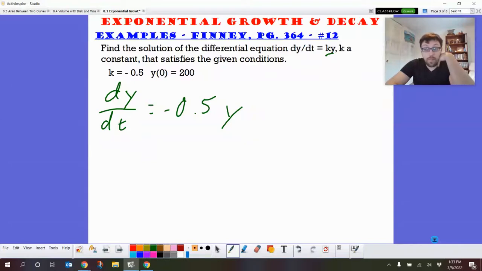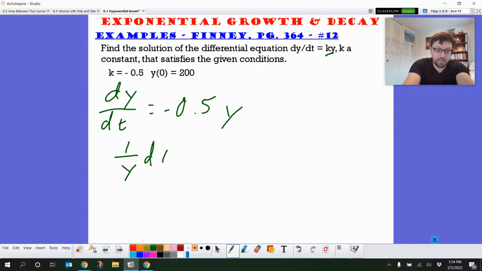What we want to do after that is figure out what the initial condition is, but to do that, we have to anti-differentiate. We don't like that the dt is over with the dy, and we want to make sure y is over with our dy. We want to separate our variables. So we get 1 over y dy equals negative 0.5 dt.